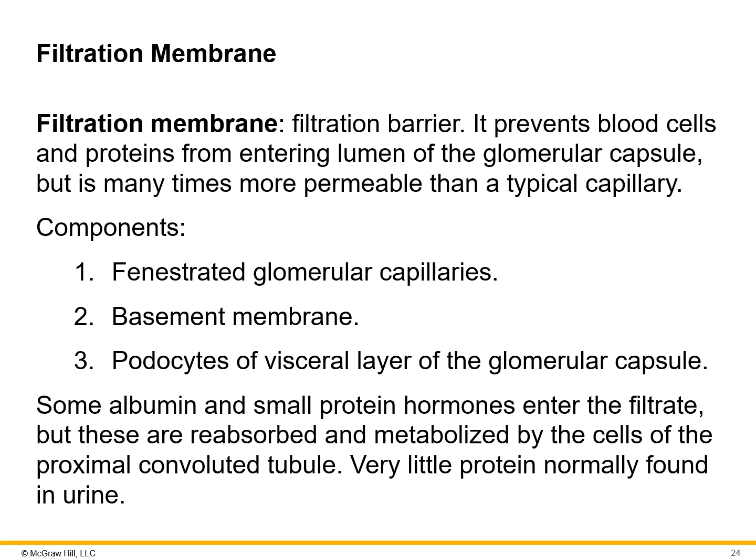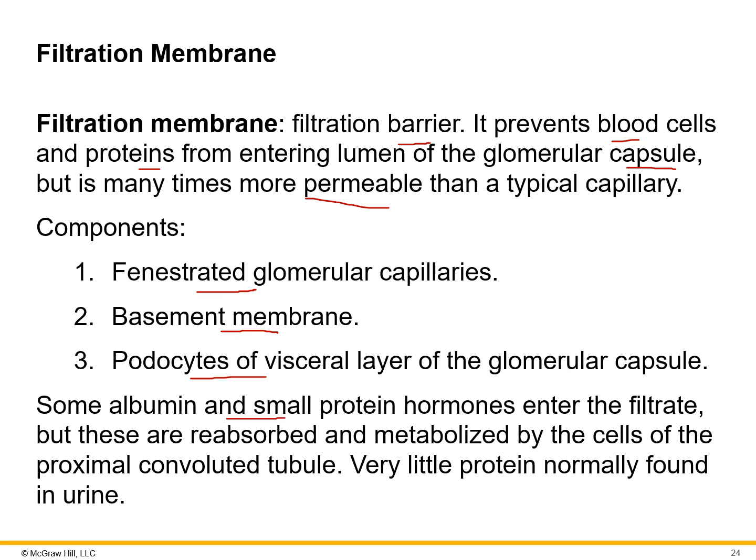And that filtration membrane is the barrier here to prevent the blood cells and some of those larger proteins from going into the Bowman's capsule or glomerular capsule. But it's much more permeable than most capillaries because of the fenestrated capillaries, those little openings in the capillaries. We also have our basement membrane there, and the podocytes of the visceral layer have those filtration slits as well.